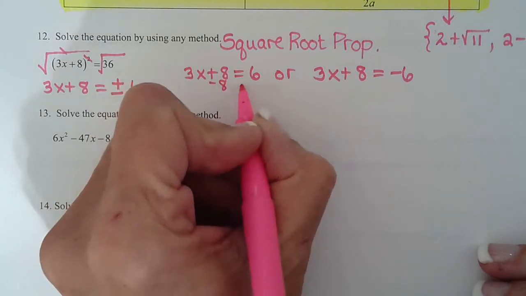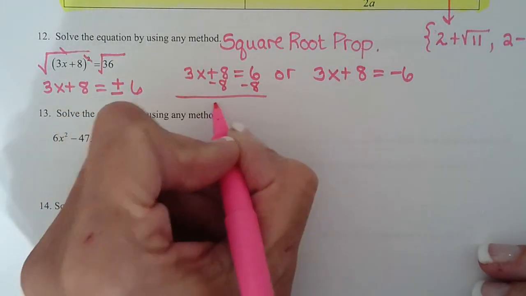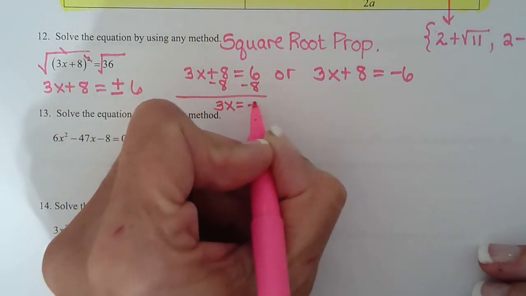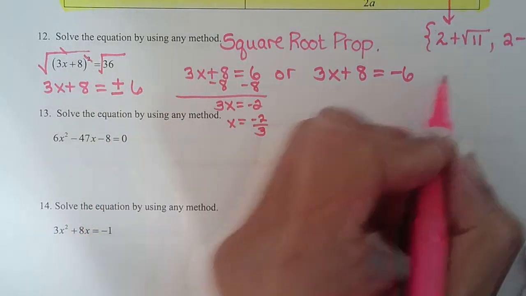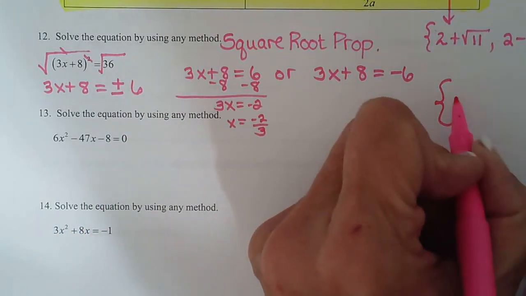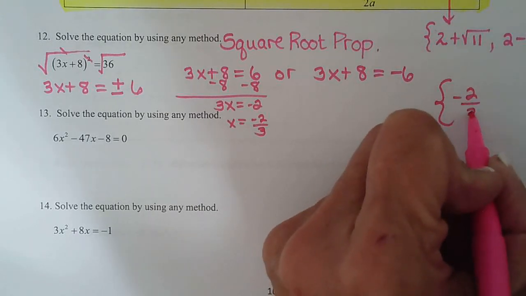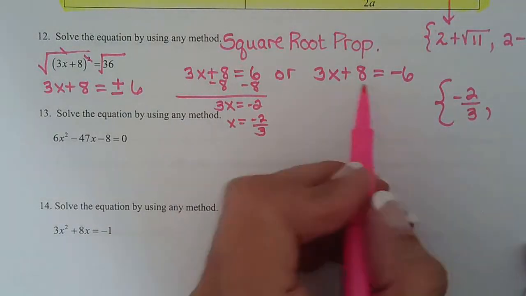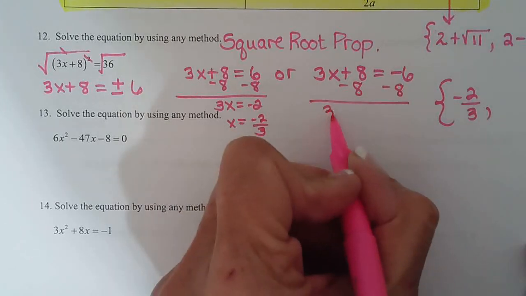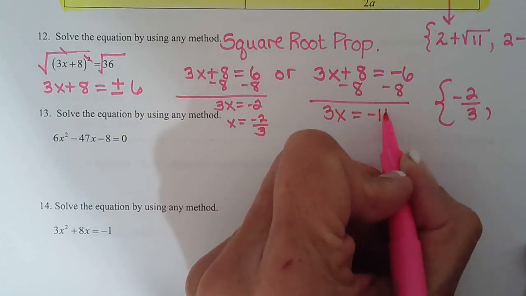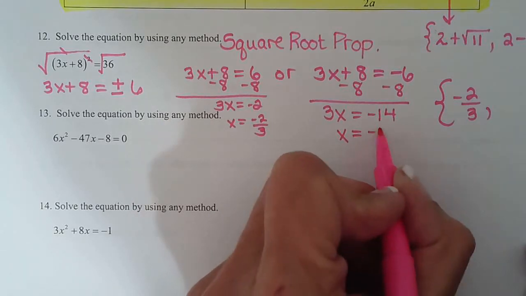So subtract 8, 3x equals negative 2, so x is negative 2/3. That'll be my first solution. And then my second solution comes from this, negative 8, 3x equals negative 14, so x is negative 14 thirds.